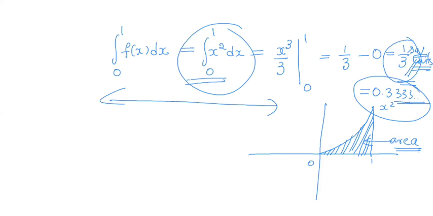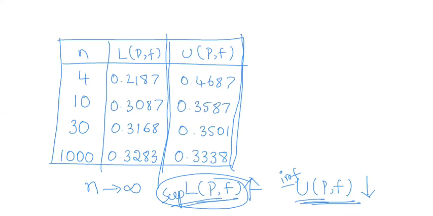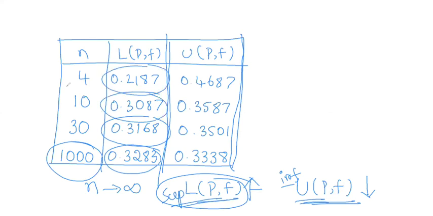But now according to the Riemann integral, if you evaluate this integral using the Riemann integral, you can observe here that as the number of subintervals increases, you see the lower Riemann sums are approaching the exact value, that is 0.33333.